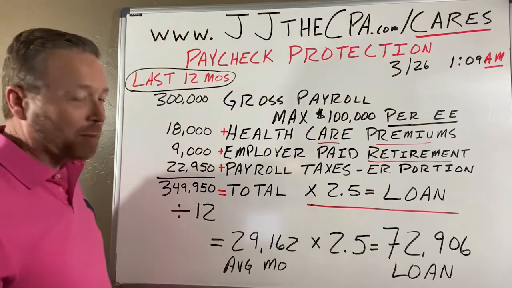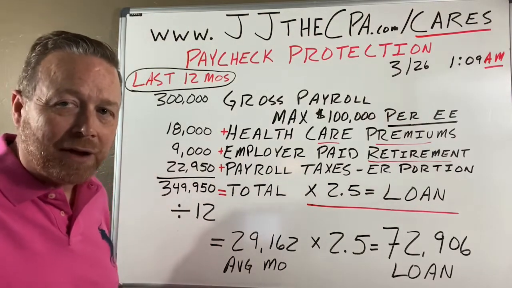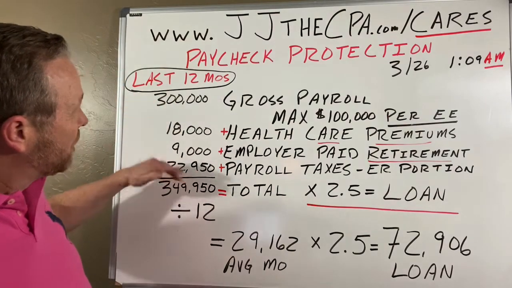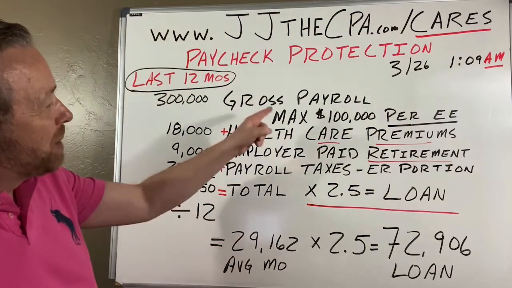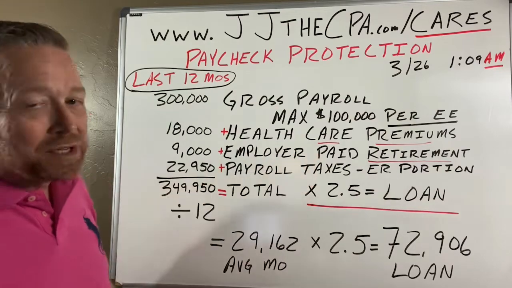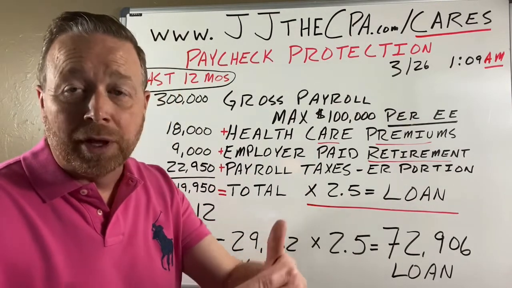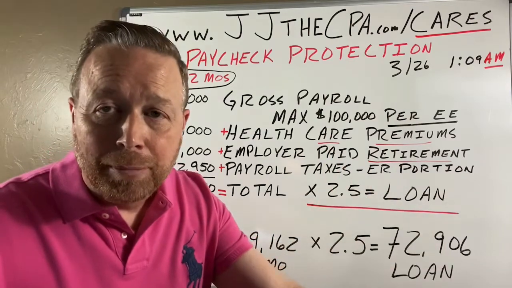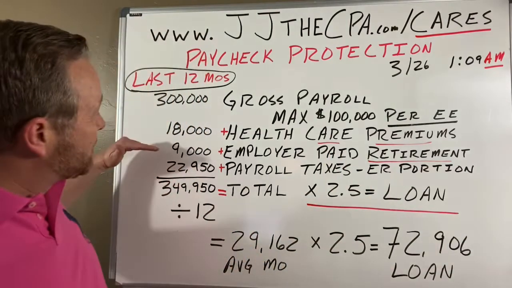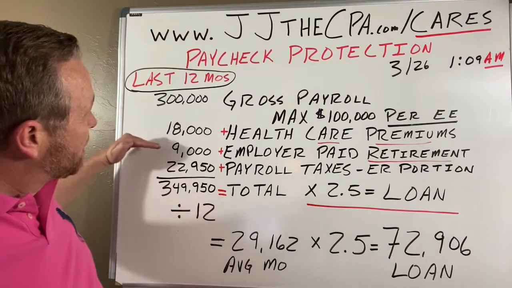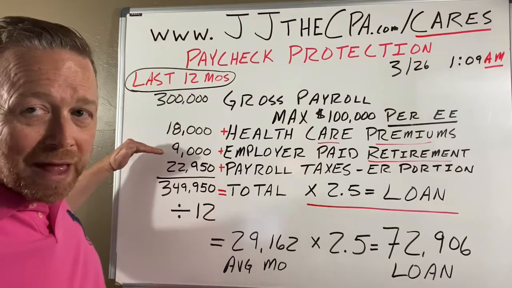So a total of $349,950 was the total in the last 12 months of payroll, health insurance, the retirement, that's on top of, okay? It's not what your employees put in, it's what the employer matched on top of it. And most of the time it's 3%, so 3% of 300 grand. That's how I came up with that number.